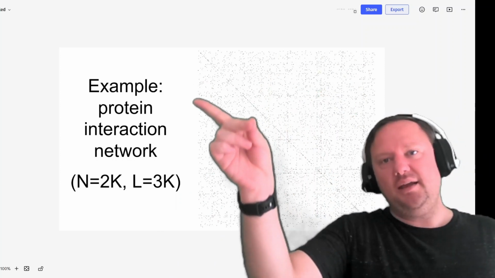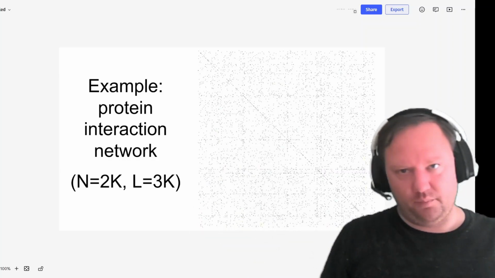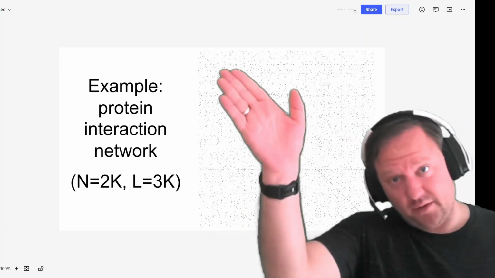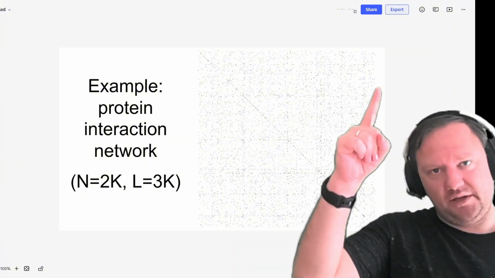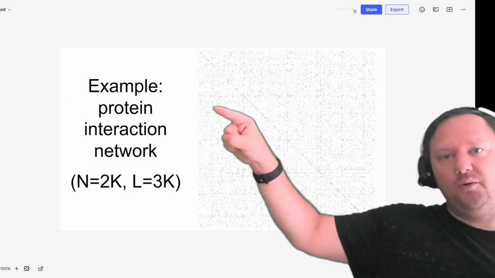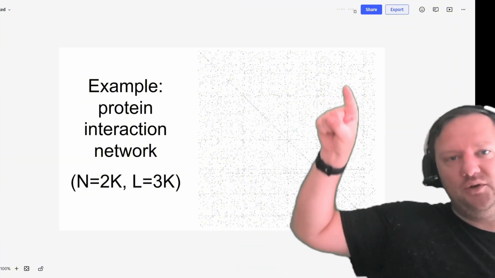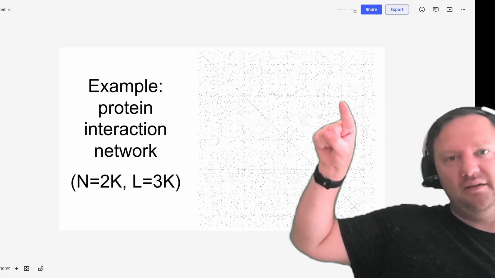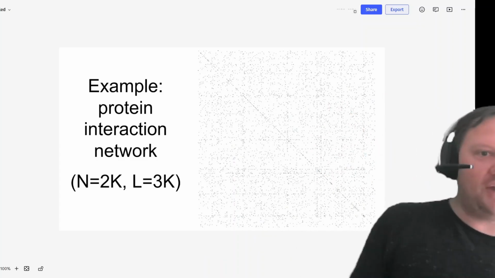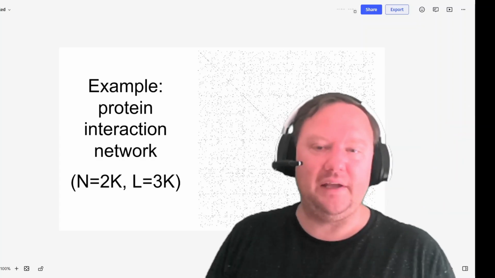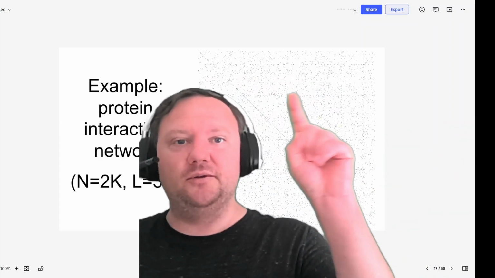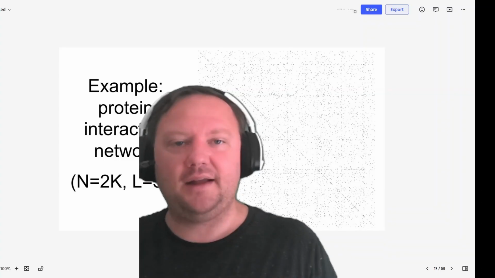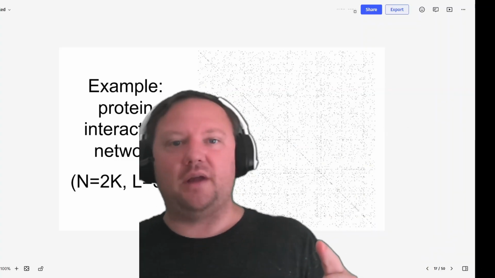Along the side edge, we've got a list of other proteins, or the same proteins. So same proteins here, same proteins here. Then if you pick a protein and another protein, and it takes you out to this intersection point in this dot matrix, you put a dot there if the two proteins interact with each other. So there are dots where two proteins interact and no dot where they don't interact.